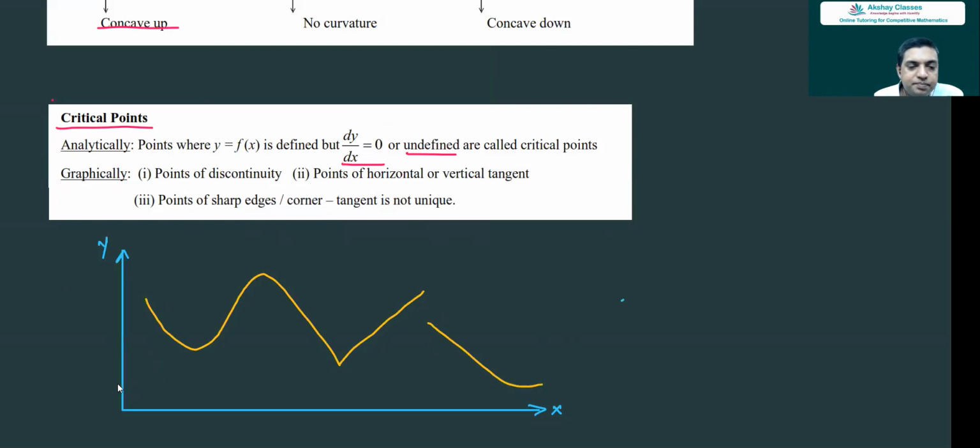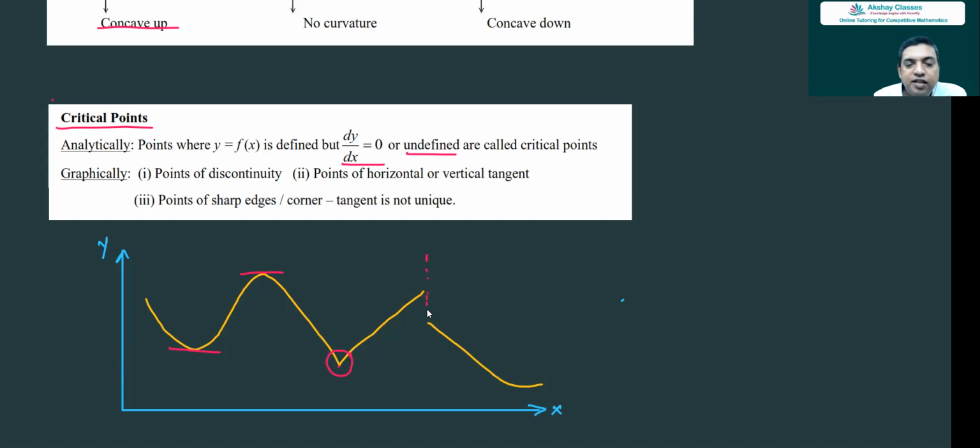This is a function. Now, these are the points. Now we want critical points: the points where the first derivative is 0. These are critical points. Also the point where there is a sharp corner, there we have to check whether the function is maximum or minimum.